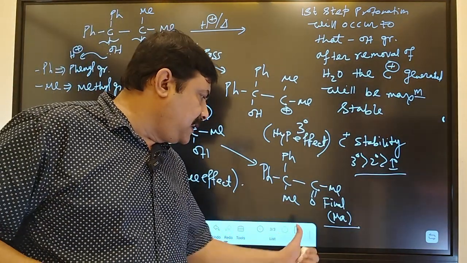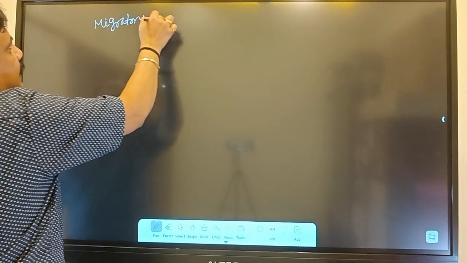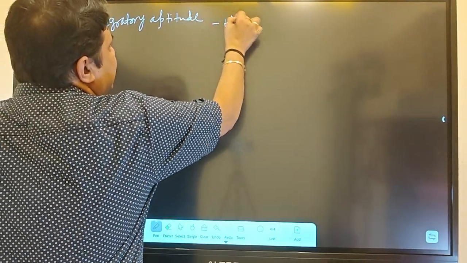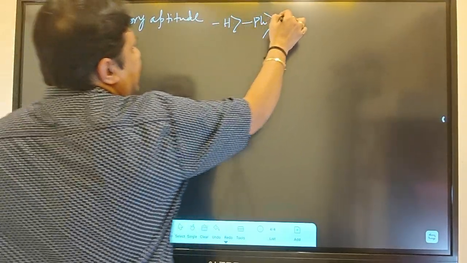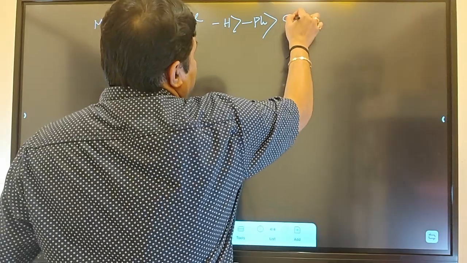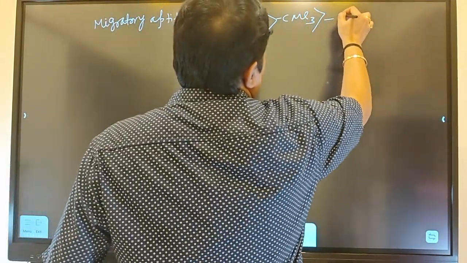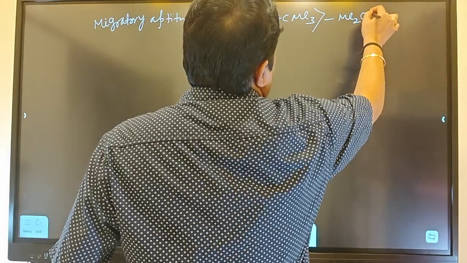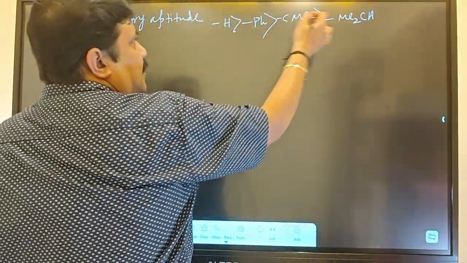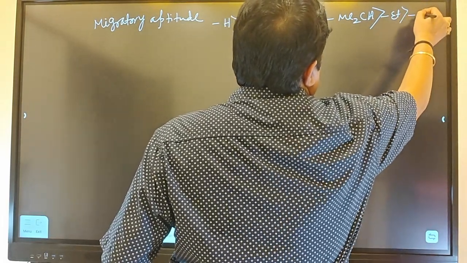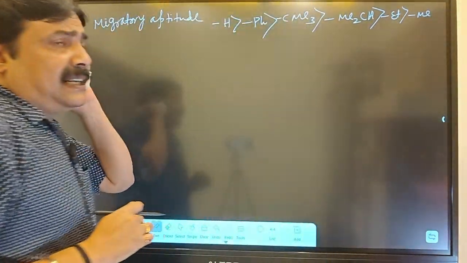Regarding migration, a few points on migratory aptitude: hydrogen is greater than phenyl ring, which is greater than CMe3, the tertiary butyl group, which is greater than the Me2CH group, that is 3 degree, this is 2 degree, which is greater than ethyl group, which is greater than methyl group. This is the migratory aptitude.